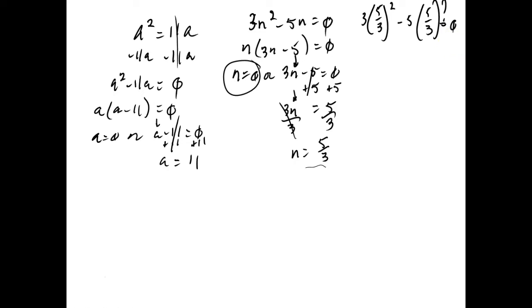What is 5/3 squared? Now, you could do it that way, or there may be a little bit easier way. What does it mean, 5/3 squared? 5/3 times 5/3. Okay, minus 5 times 5/3.